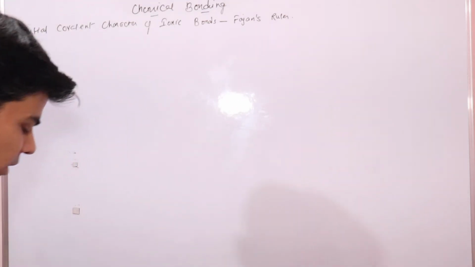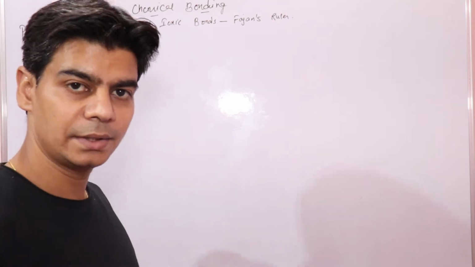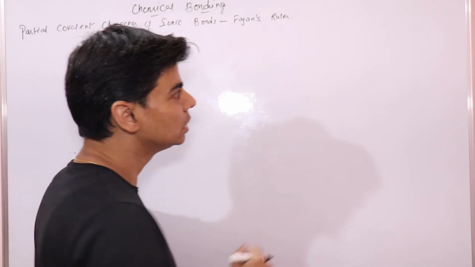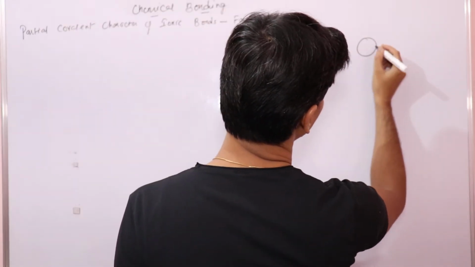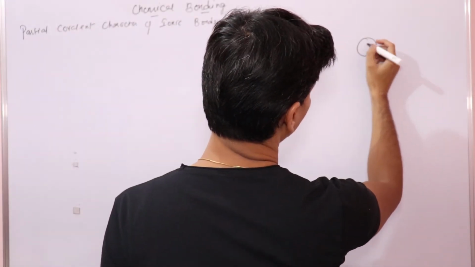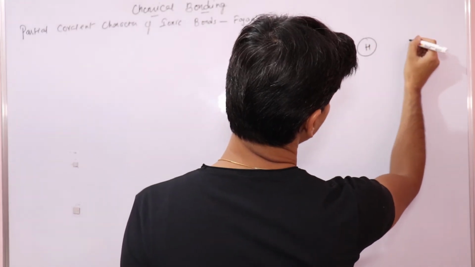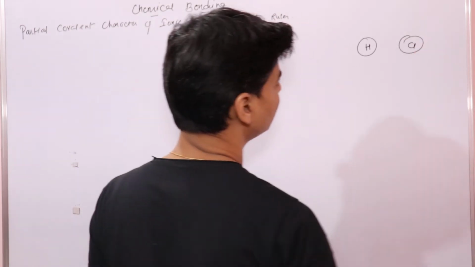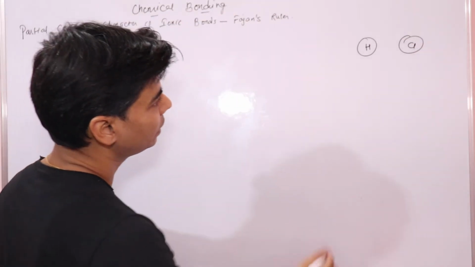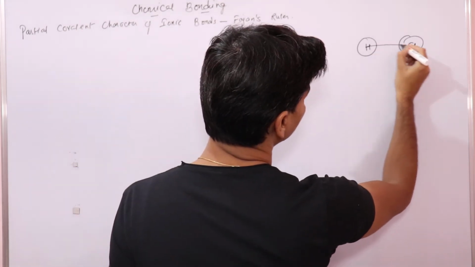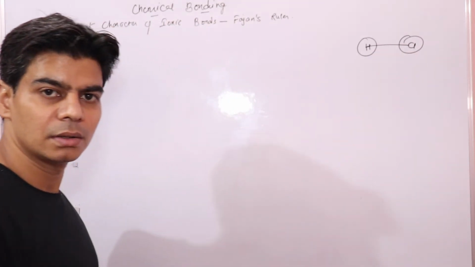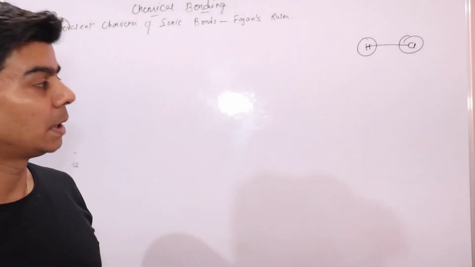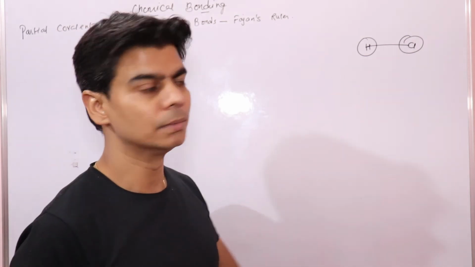Before we look into the covalent character in ionic compounds, let's talk a little about covalent compounds. Suppose this is your hydrogen and this is your chlorine. In hydrogen chloride, we know that the shared pair is more towards chlorine because of its high electronegativity, but it lies between hydrogen and chlorine.